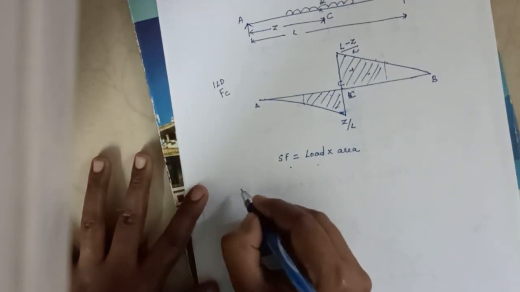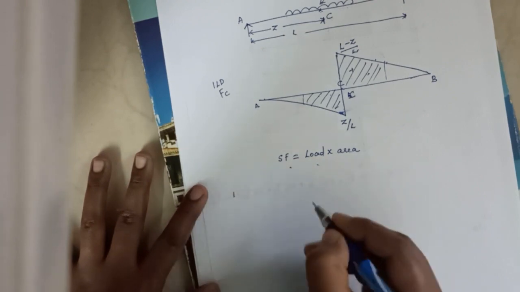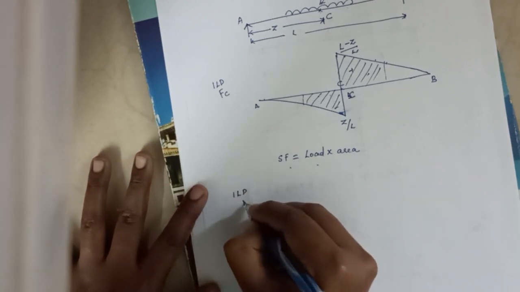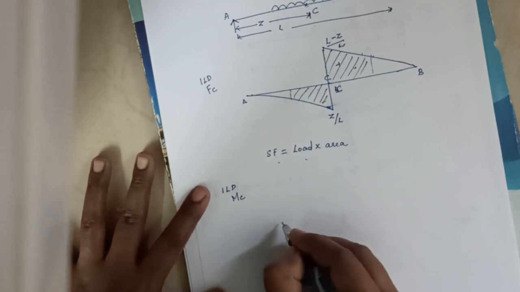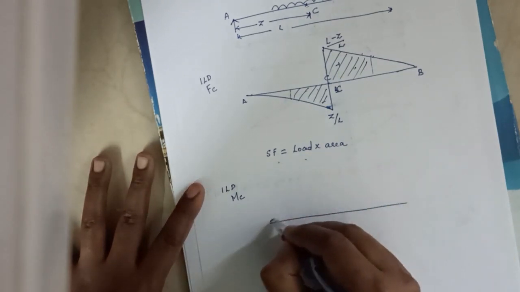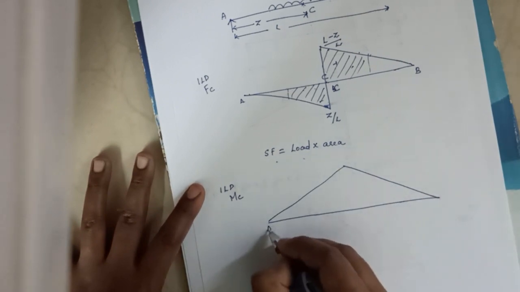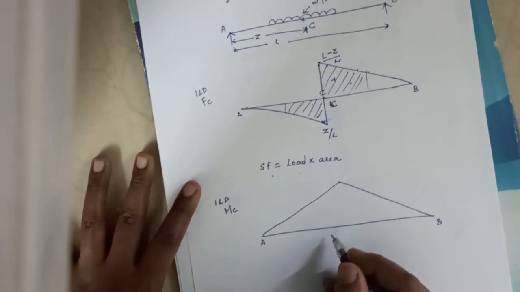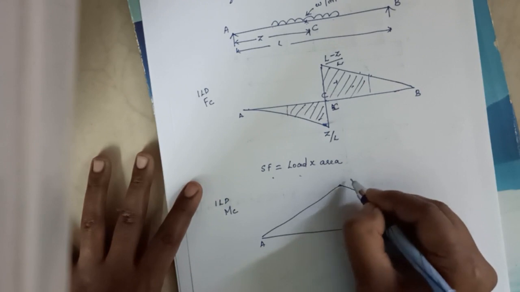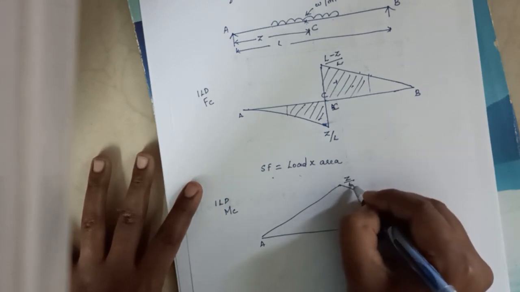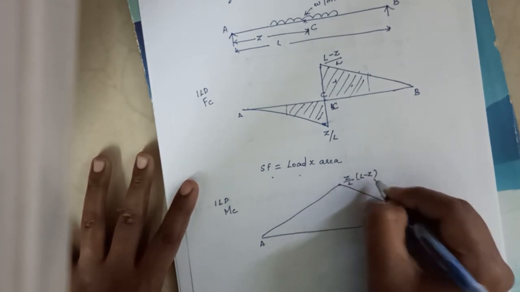For finding the bending moment at C, draw the standard influence line diagram for the moment at a particular section. The ordinate value will be Z by L into (L minus Z).